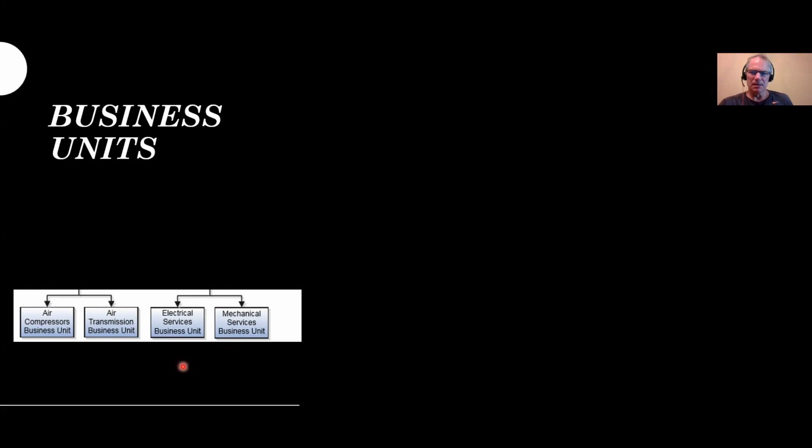Perhaps for each of these you'd want a manager who answers for profit and loss. Another idea here is you can have a cost center. You can designate an account in the accounting flexfield as a cost center.